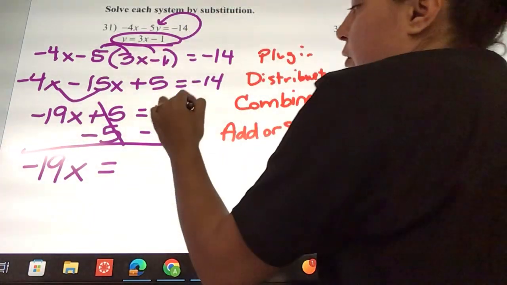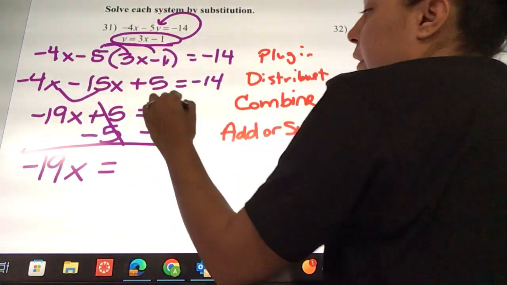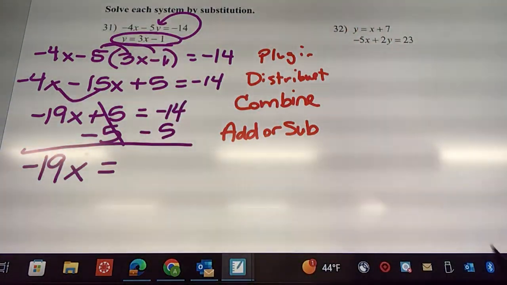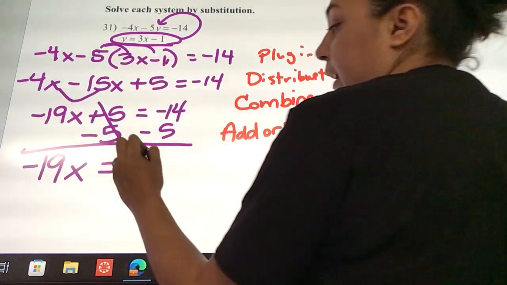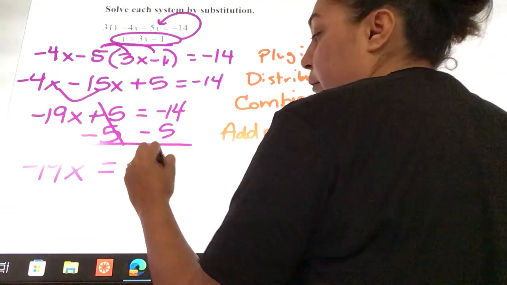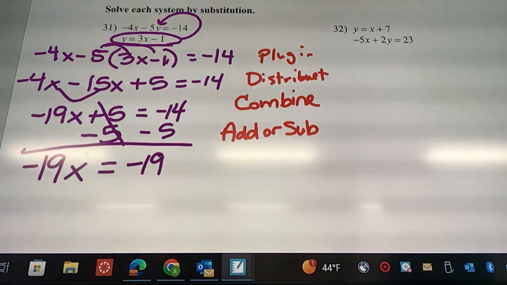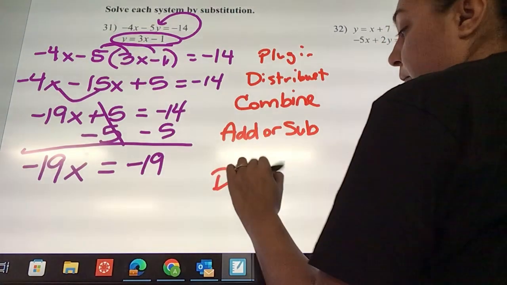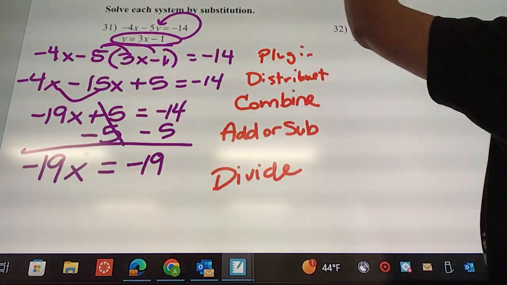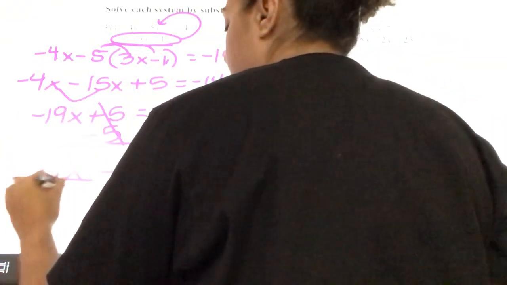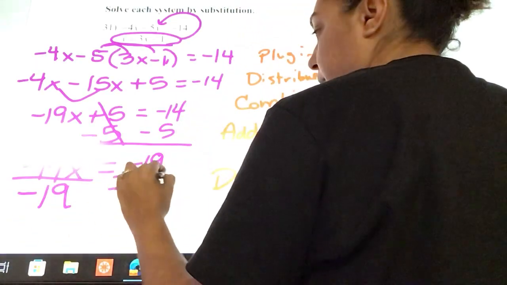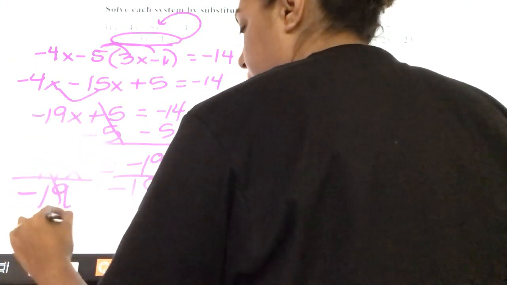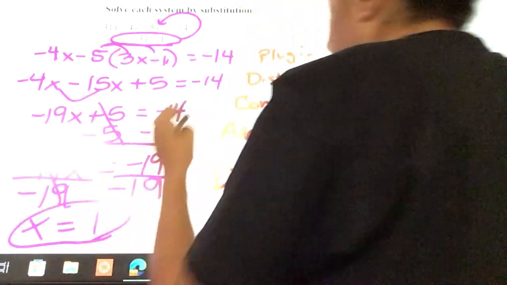Oh my goodness gracious, what's going on with me today? Negative 14 minus negative 5 is going to be negative 19. Okay, and then our last step is going to be to divide. So we're going to divide by negative 19. Okay, and so I get x equals 1.